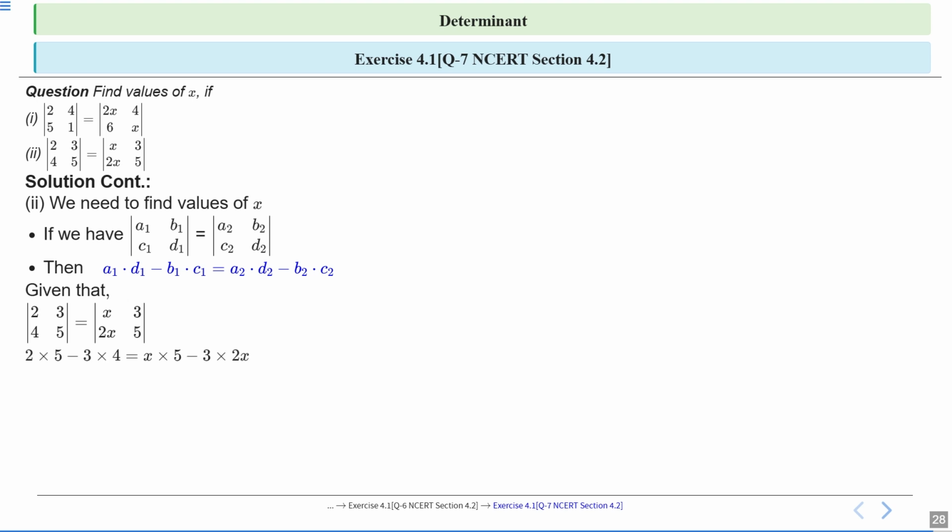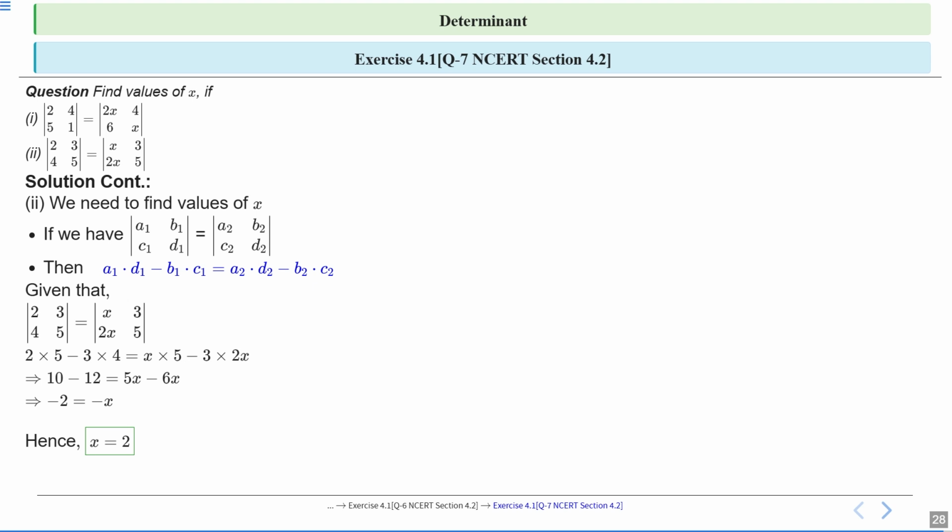Calculate the determinant of [2 3; 4 5], that is 2 into 5 minus 3 into 4, is equal to x into 5 minus 3 into 2x. So we get 10 minus 12 is equal to 5x minus 6x. We get minus 2 is equal to minus x. Thus, minus minus cancel. We get x is equal to 2.